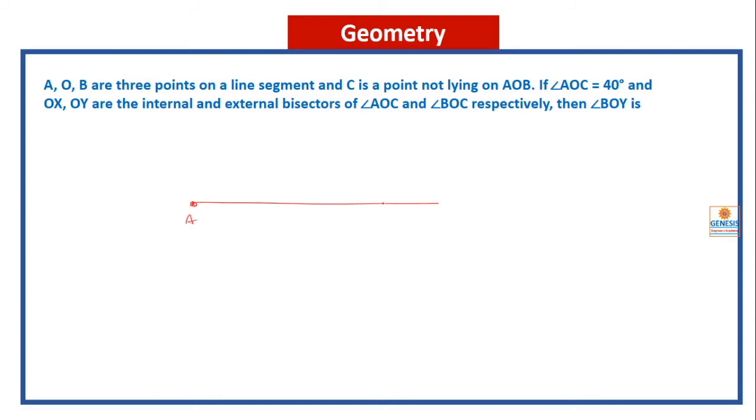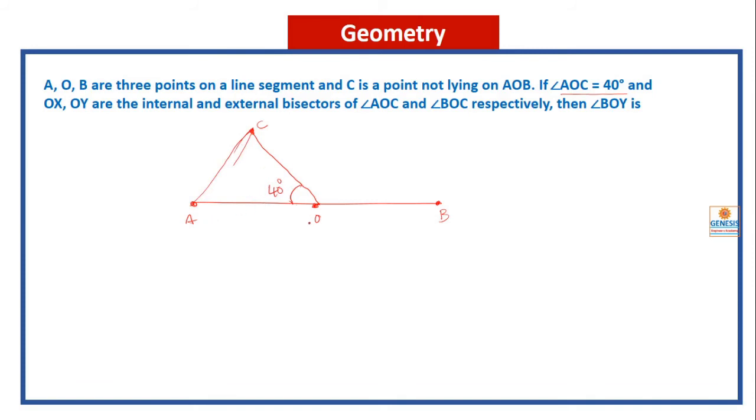This is point A, this is point O and this is point B, and C is a point not lying on AOB. I can take C as this one, because angle AOC is 40 degrees. So I can draw like this, and you can draw a triangle also.